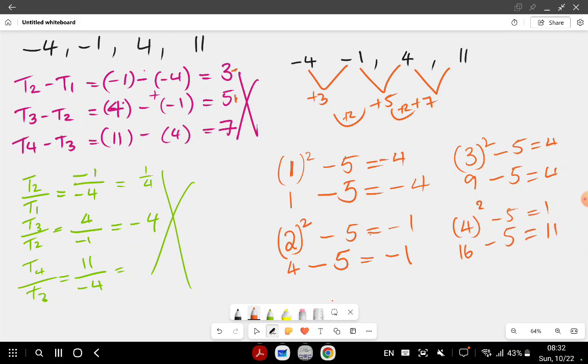So I now know that these are the ones that I want to use. What does this mean? I am going to say that term n is equal to, remember this is position n, so it's n to the power of 2, n squared, minus 5. And that is my formula for this question.